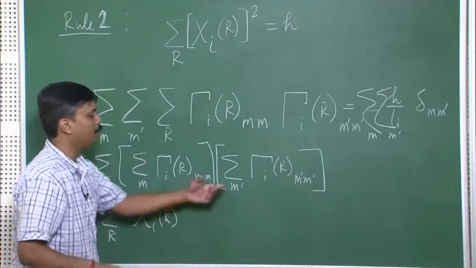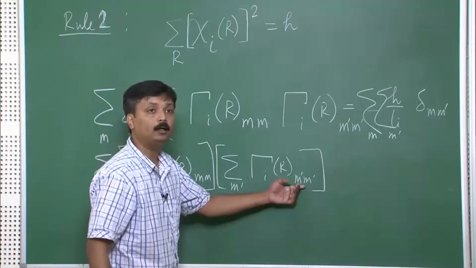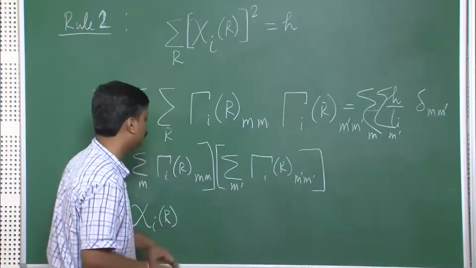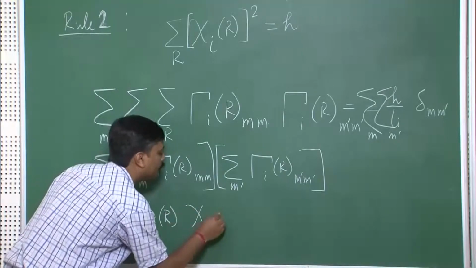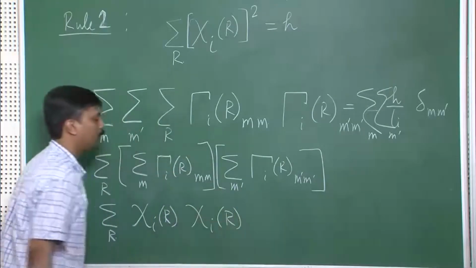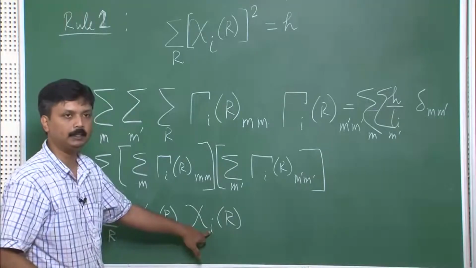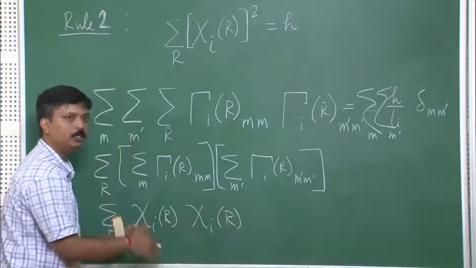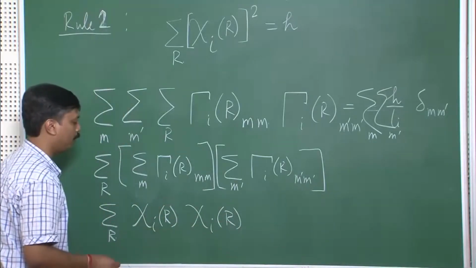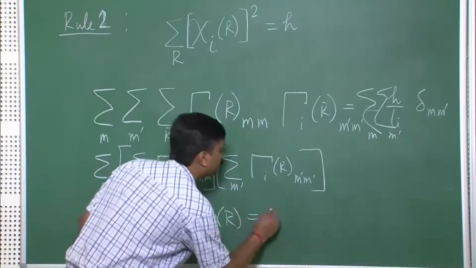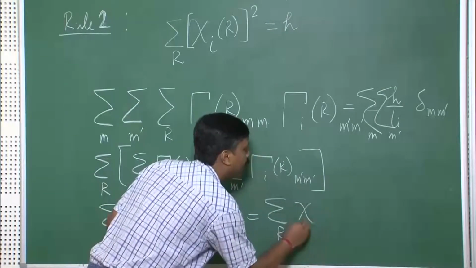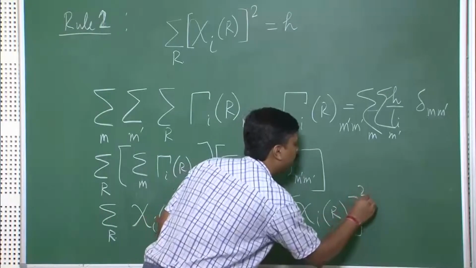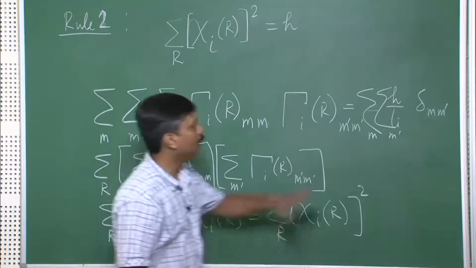Summing over m prime, where I have the diagonal elements m prime, this will also give me the character of the operation R for the ith irreducible representation. So this is nothing but the square of this chi of R, right? So this equals the sum over R of chi i of R squared, correct? Now let's look at this part.